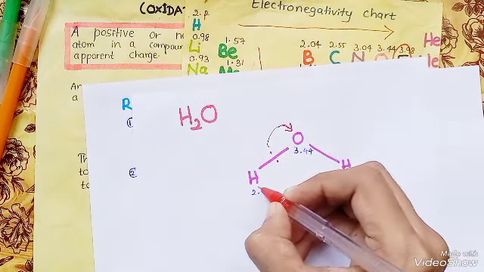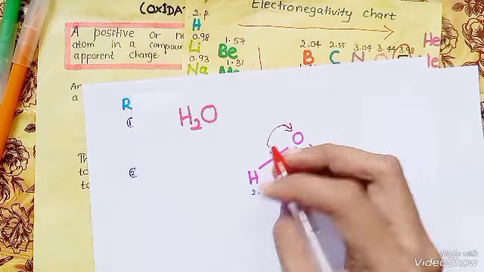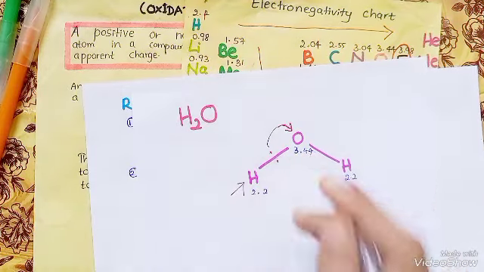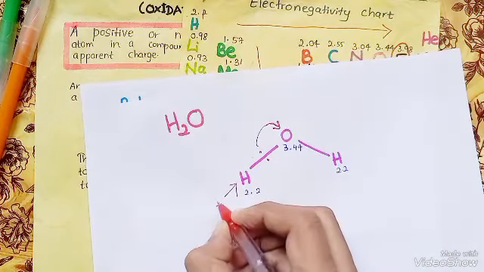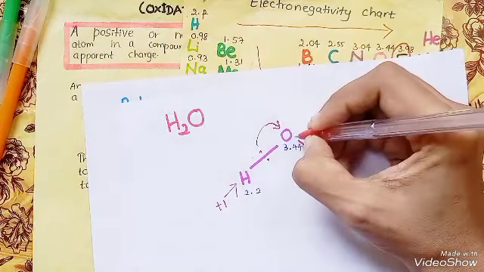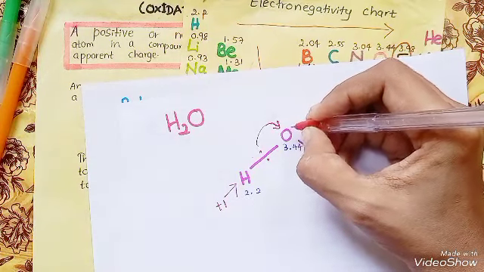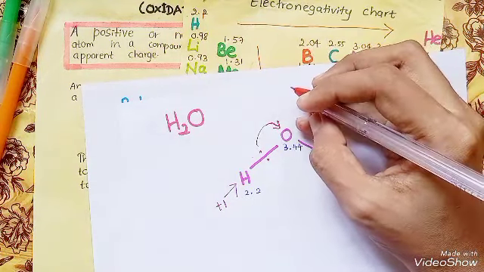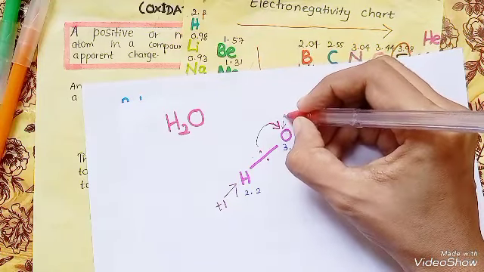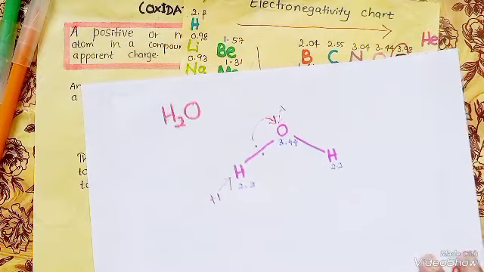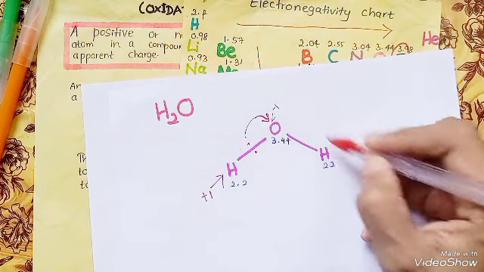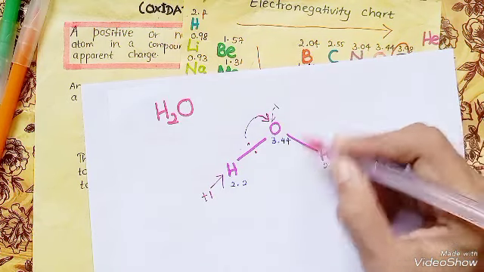Now hydrogen has lost its electron, therefore the oxidation state of hydrogen is +1, and oxygen has gained one extra electron, therefore the oxidation state is -1. Same applies for this bond as well.